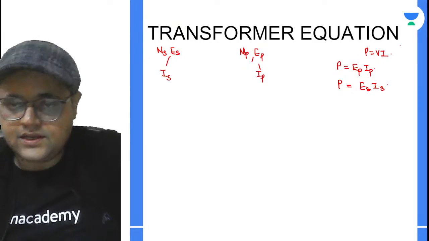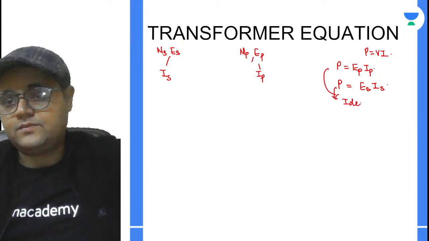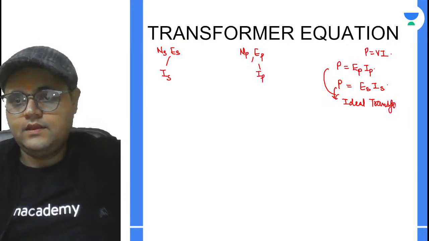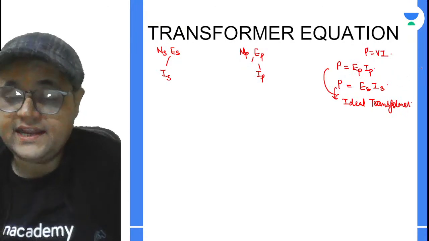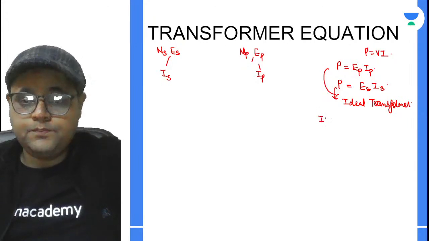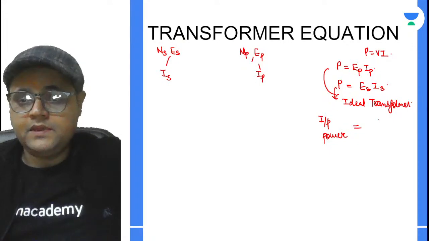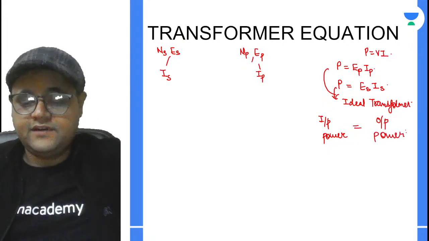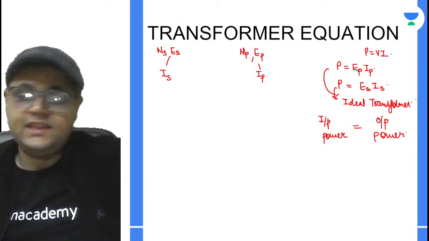This is very logical. Now, let us suppose that I have an ideal transformer. What does an ideal transformer mean? Ideal transformer means that input power will be equal to output power. Whatever power we give at input, the same power will be reflected at the output.